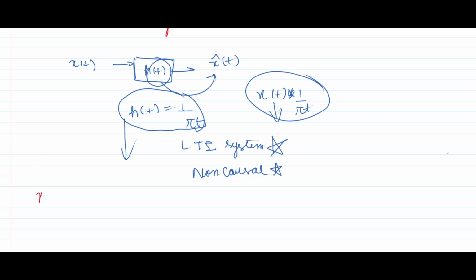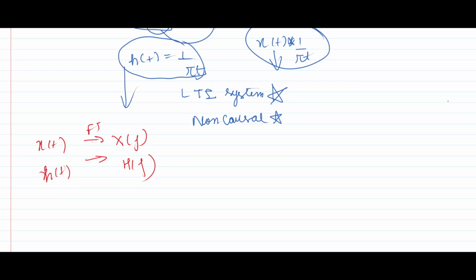So let x(t) have a Fourier transform x of f, and h(t) has a Fourier transform of h of f. You can find X(f) in any way, like taking a Fourier transform, or you might know its Fourier transform. But for h(t), which is 1 upon pi t, you can determine the Fourier transform very easily.